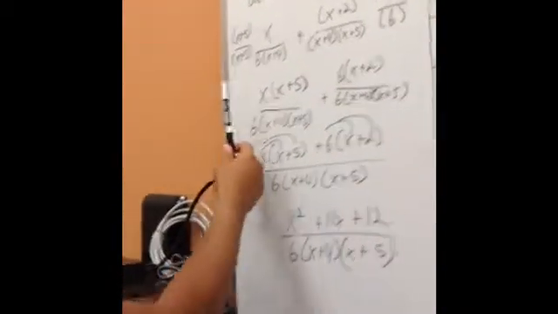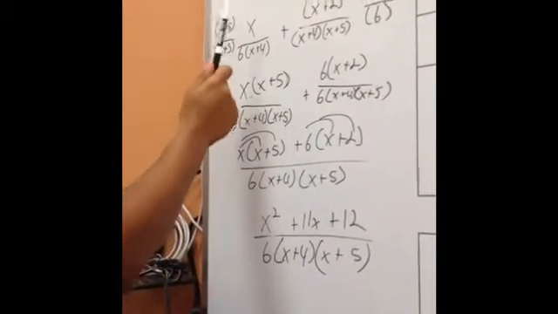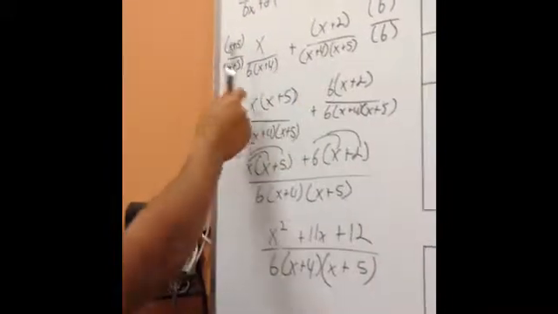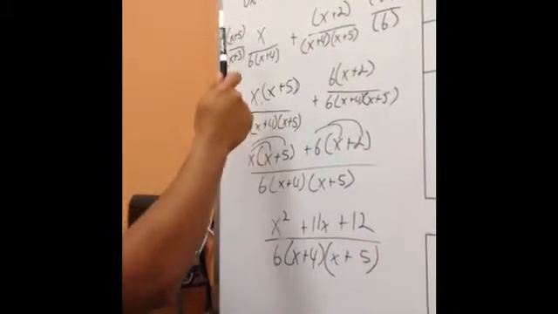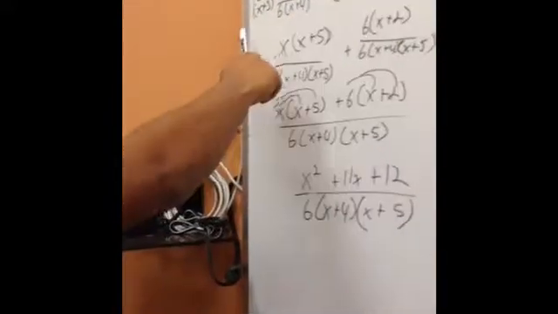So after we find that, we multiply 6 and (x + 5) on the top, x and (x + 5) on the top, and 6 and (x + 2) on the other side.